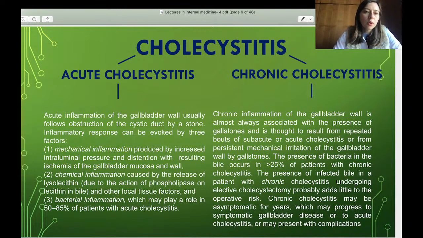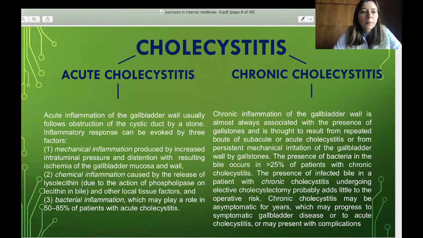And what about acute? Acute inflammation of the gallbladder wall usually follows obstruction of the cystic duct by a stone. The inflammatory response can be evoked by three factors. First, mechanical inflammation produced by increased intraluminal pressure and distension with resulting ischemia of the gallbladder mucosa and wall.